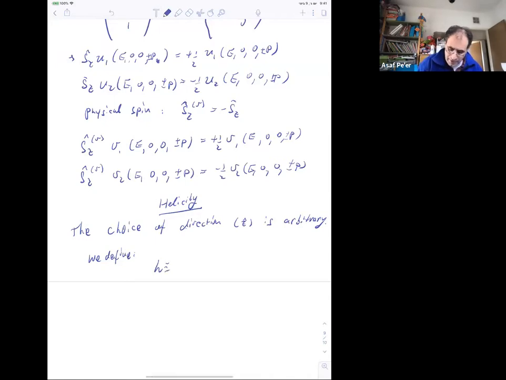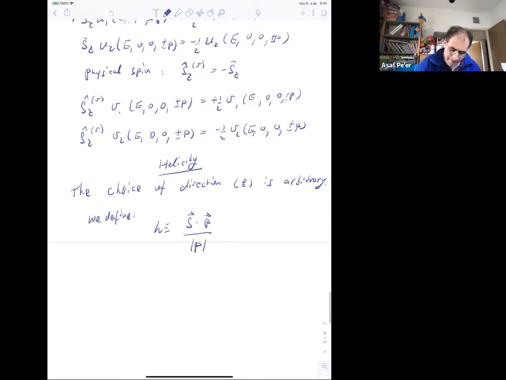So it's basically s dot p, and normalization by p. So it is the normalized component of the spin in the direction of motion.